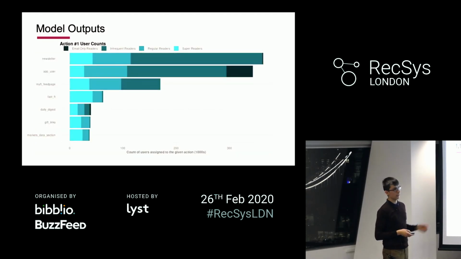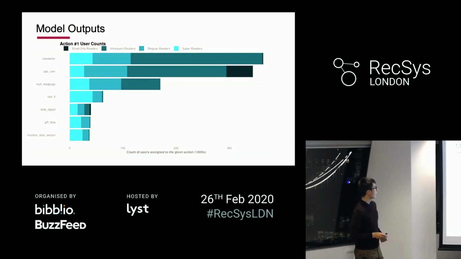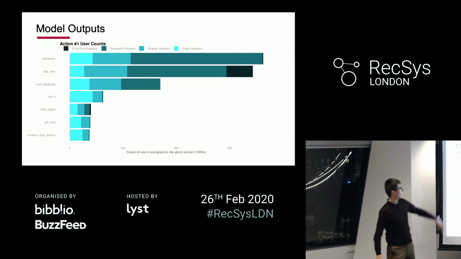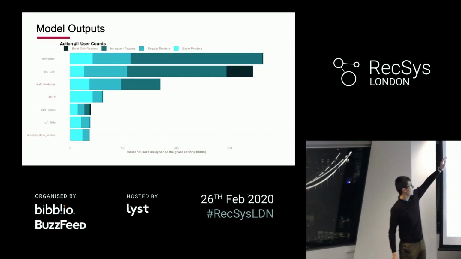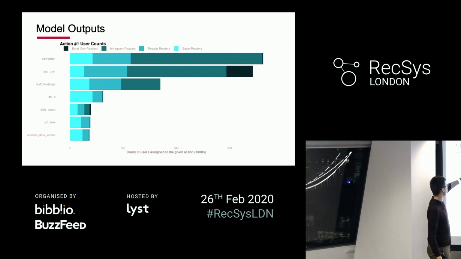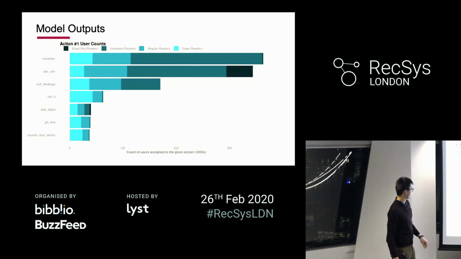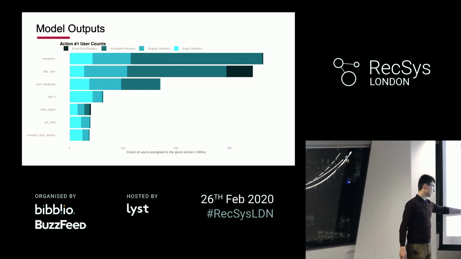Here's an example of the outputs of the model. These are the counts of users which have been assigned to a given action. So for instance, here we have signing up for a newsletter or signing up for the app. You can see that those actions have been the most popular within our users, and mostly infrequent and regular readers have been assigned to those two actions, whereas the super readers have been assigned to fastFT or gift links action.